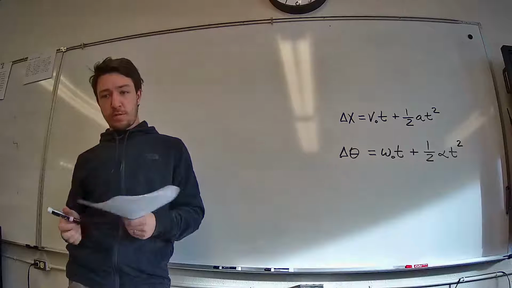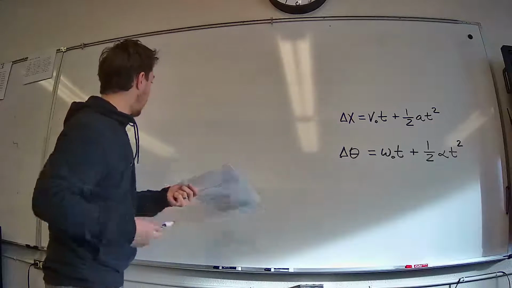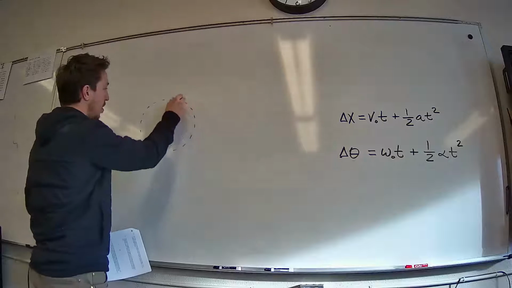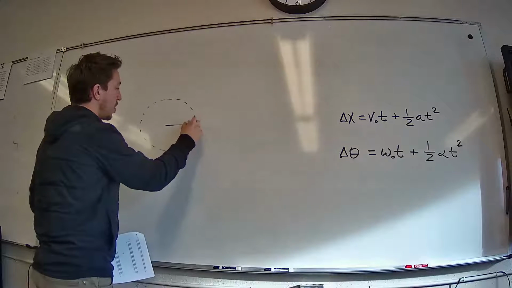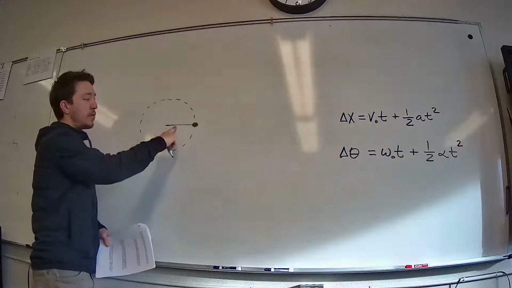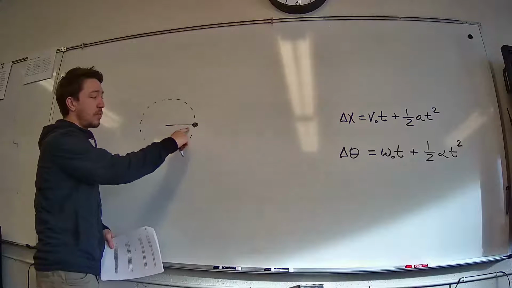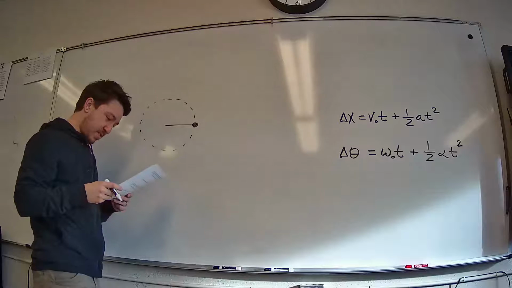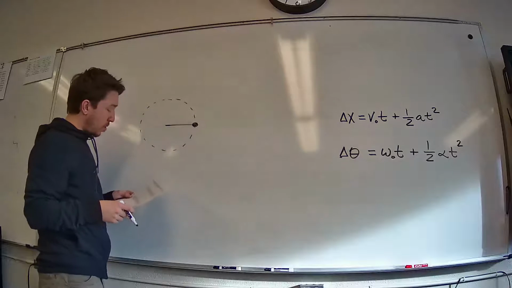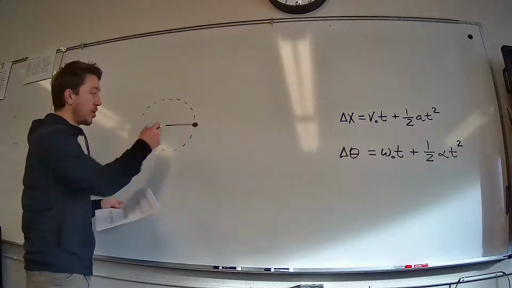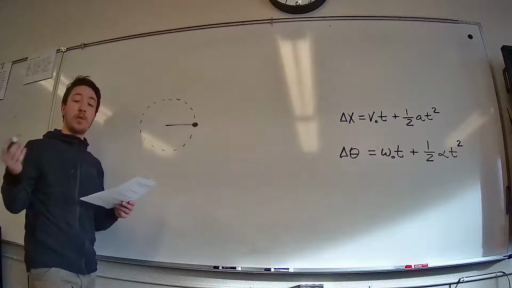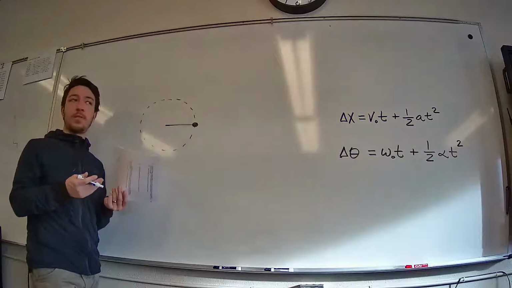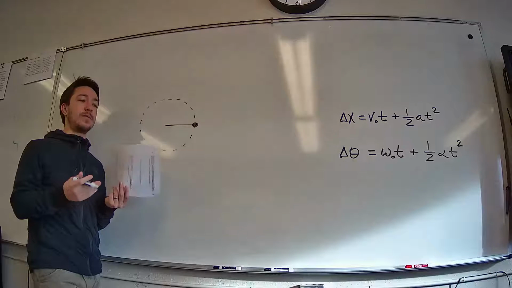If you picked a point on the rope, this point has a smaller velocity than this point, but they have the same omega. Good. So we want an equation for the tension in the rope using omega instead of v. It's actually a very easy question if you can recall how you do it with v.